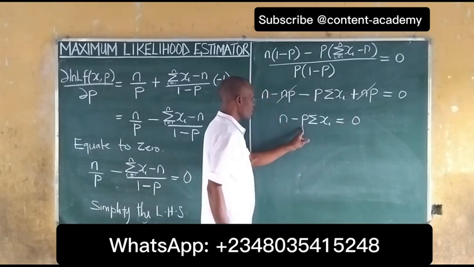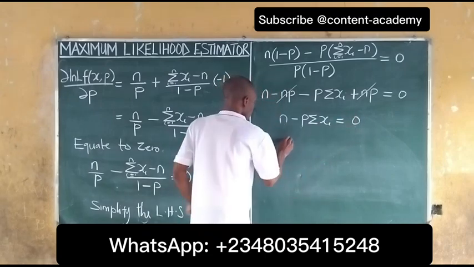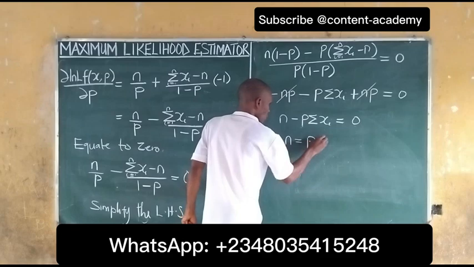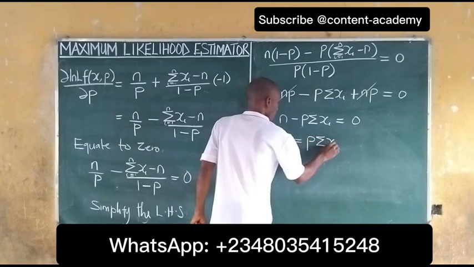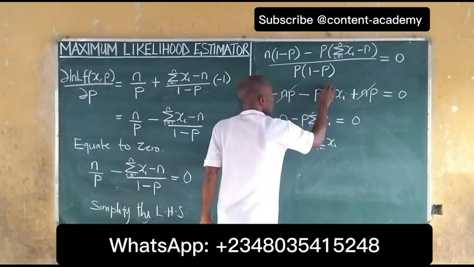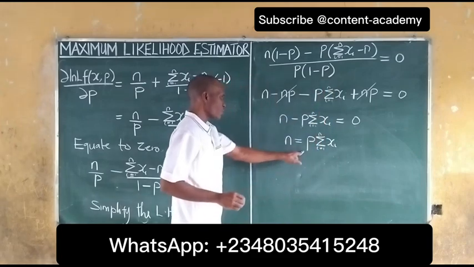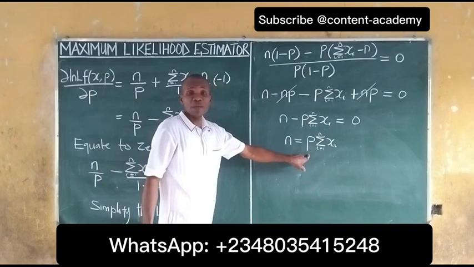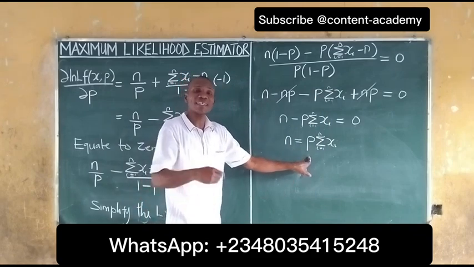Of course, this can be moved over to this side to give us n equal to p times the summation of xi, i running from 1 to n. So this is what we have. Now we can make p the subject. Once we make p the subject, p becomes the estimate.